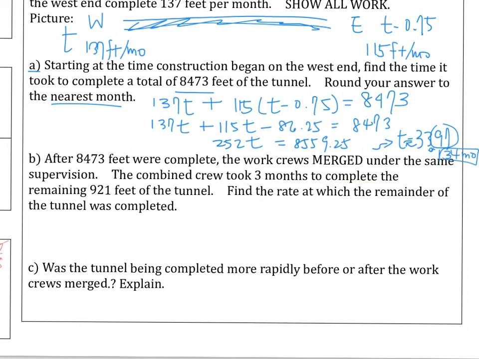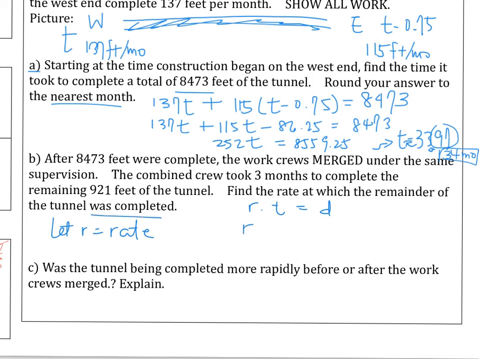Okay, part B. After 8,473 feet were complete, the work crews merged under the same supervision. The combined crew took 3 months to complete the remaining 921 feet of the tunnel. So I'm going to first let R equal the rate, RT equals D. Find the rate at which the remainder of the tunnel was completed.